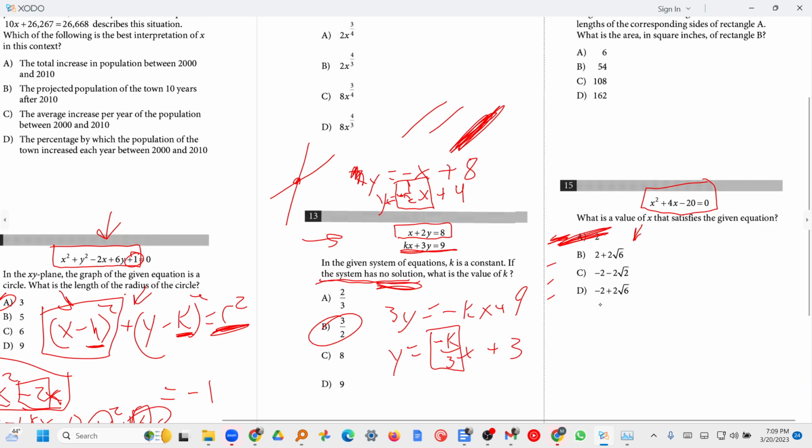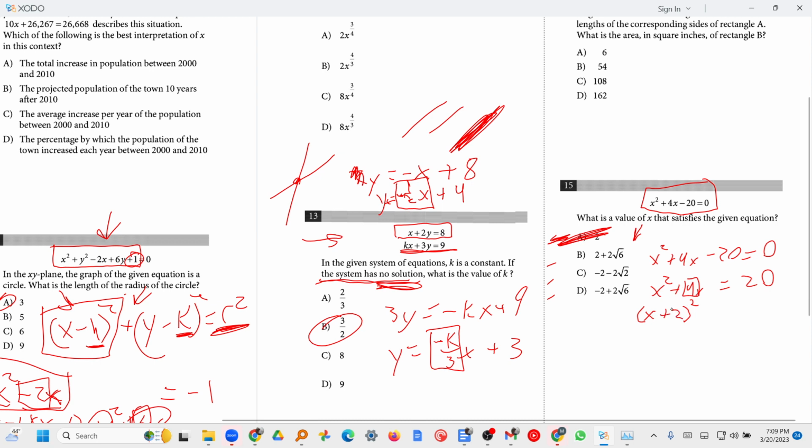So I'm going to start with x squared plus 4x minus 20 equals 0. I'm going to move the 20 over. So now I have x squared plus 4x equals 20. And now I want to make a perfect square, just like I did on the circle one before. So I'm going to make parentheses squared. This is just going to be x, and I'm going to split this one in half, x plus 2.